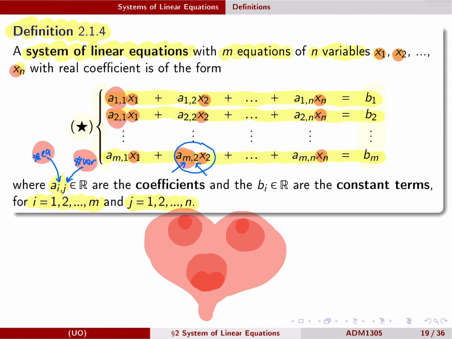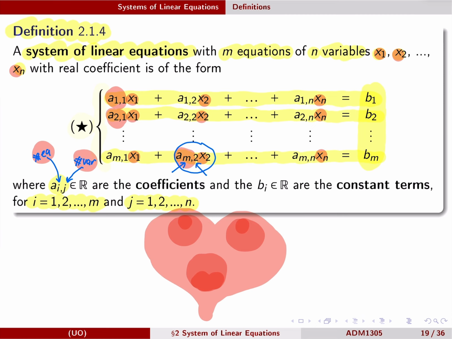In the system, we have m constant terms, b1, b2, all the way up to bm. So here, instead of having only one constant term for one equation, we have m constant terms because we have one for each equation. So roughly speaking, we're just stacking a bunch of linear equations.